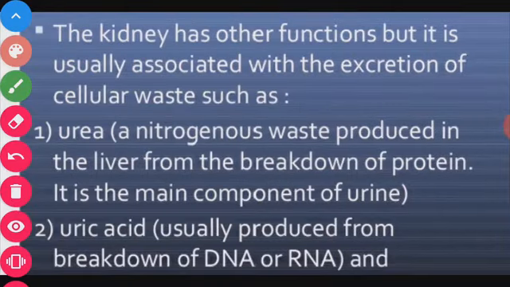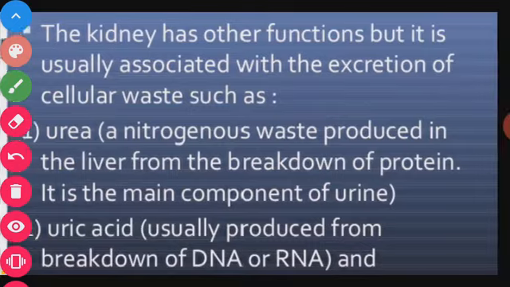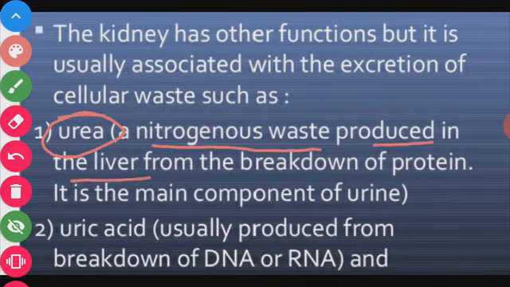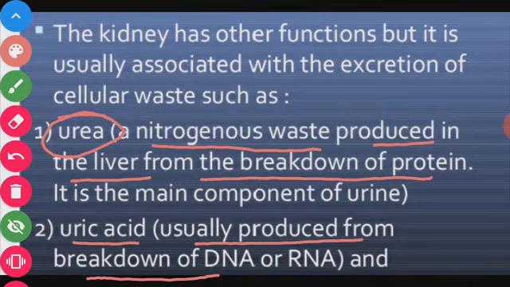The kidney has other functions, but it is usually associated with the excretion of cellular wastes such as urea, a nitrogenous waste produced in the liver from the breakdown of proteins. When proteins break down, nitrogenous waste, urea, is produced, and it has to be removed. Uric acid is usually produced from the breakdown of RNA and DNA, both genetic materials.